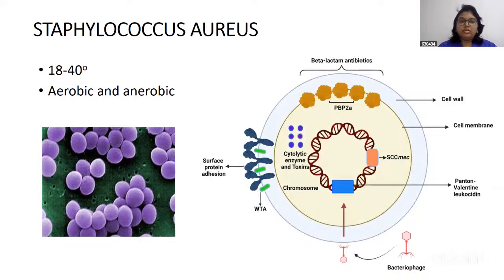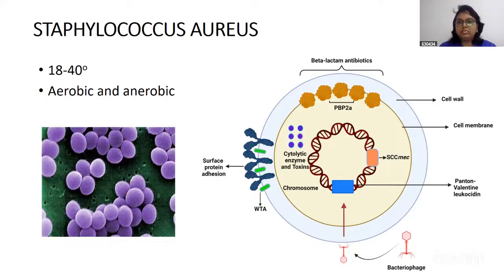Now, what is the most common mechanism of resistance with Staphylococcus aureus? The most common is the SCCmec gene, most commonly called the mecA gene. SCC means staphylococcal cassette chromosome. This gene is responsible for the resistance.